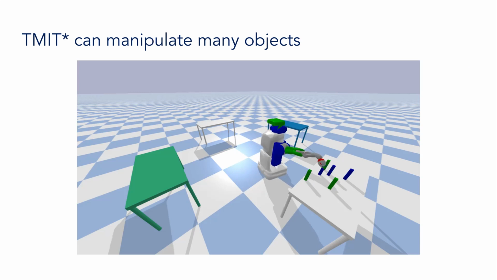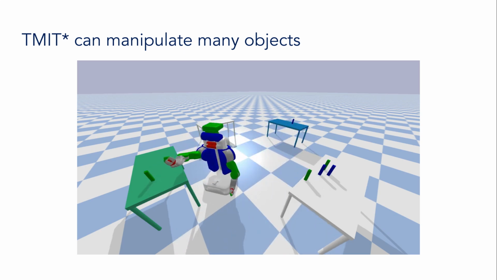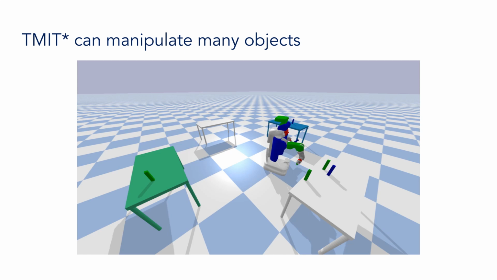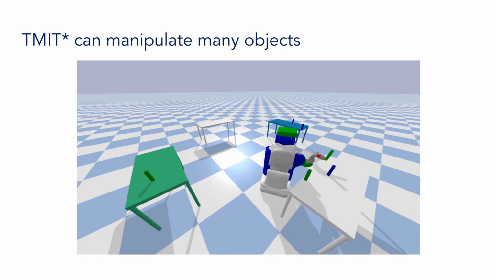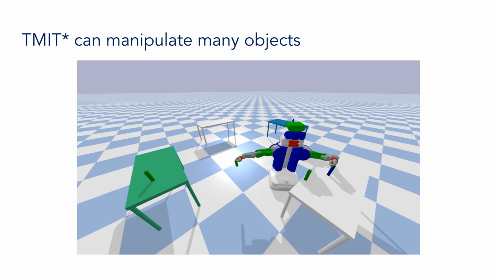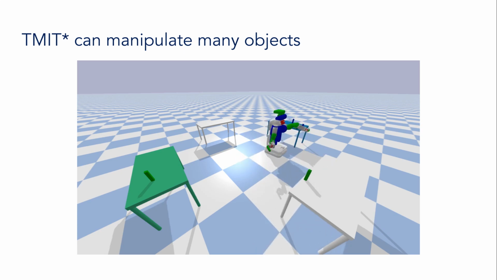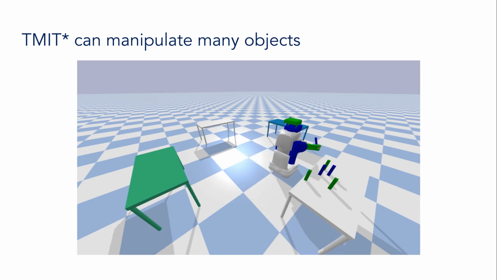Our results show that TMIT-Star can solve problems that require manipulating many objects. Here we see a solution to an instance of the clutter clearing problem. And the same instance, given additional computational time to improve solution cost.